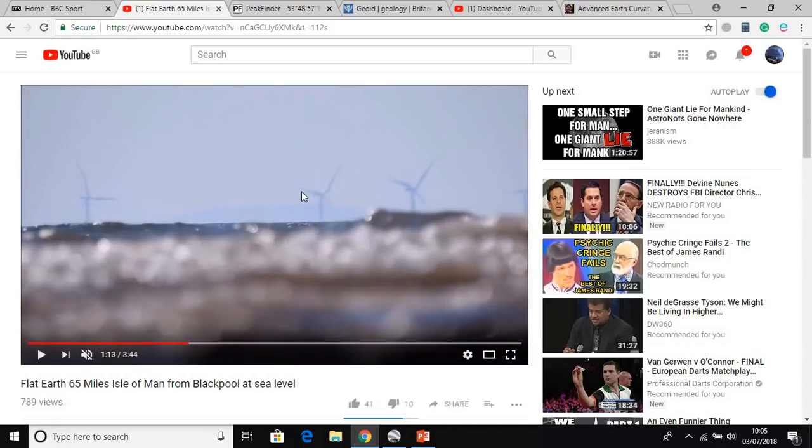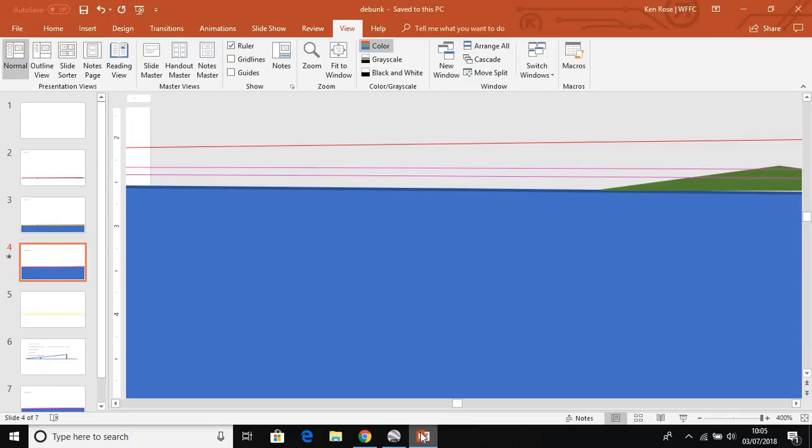The top of the island, we're seeing the top of the island below that height. Our line of sight through here should go to sky and not to the island, and that's exactly what we do observe. So this further confirms that the spheroid Earth model more matches reality than the flat Earth model.